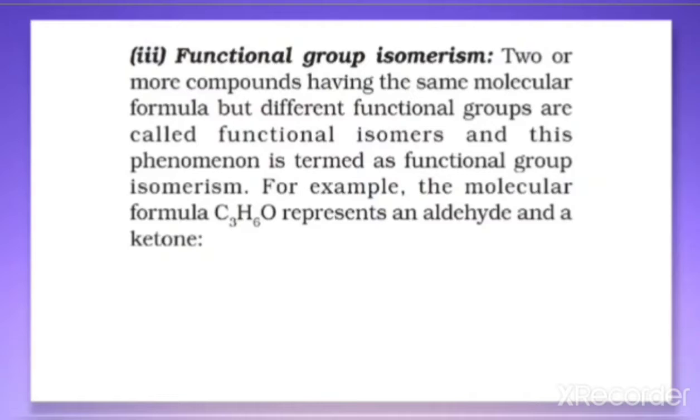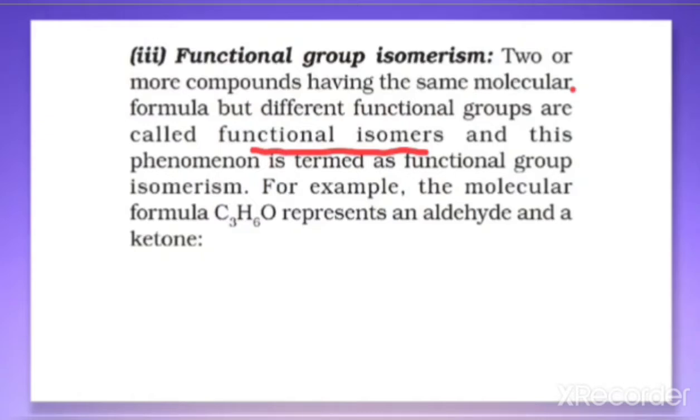The next type of isomerism is functional group isomerism. Two or more compounds having the same molecular formula but different functional groups are called functional isomers. That means two or more compounds have the same molecular formula. Then we find the number of carbon, hydrogen or oxygen, whatever is there.